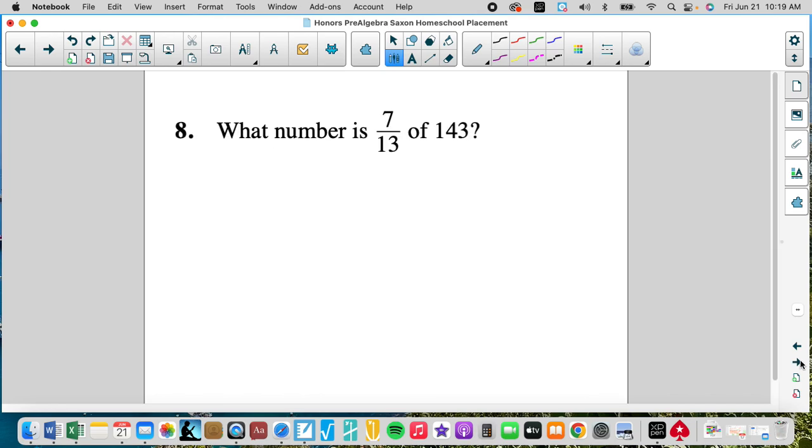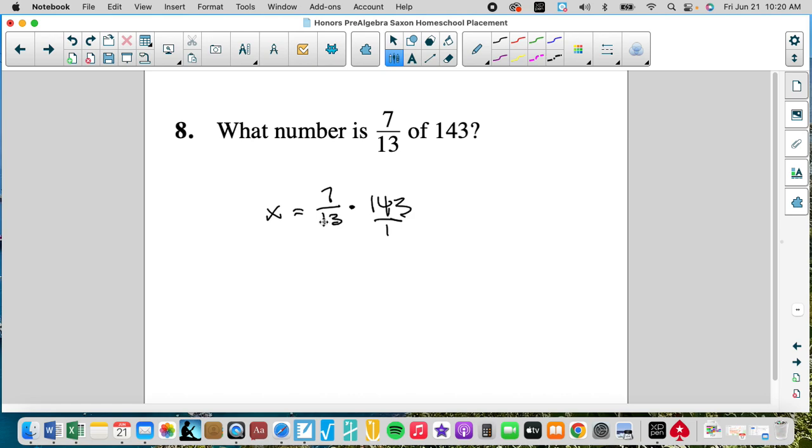Good. Number 8, what number is 7/13 of 143? So when we see this, it's asking x, what number equals 7/13 of 143. So we are not going to multiply 143 times 7. We're going to try to reduce this fraction first by cross canceling. And we see, is there a number that goes into 13 and 143?